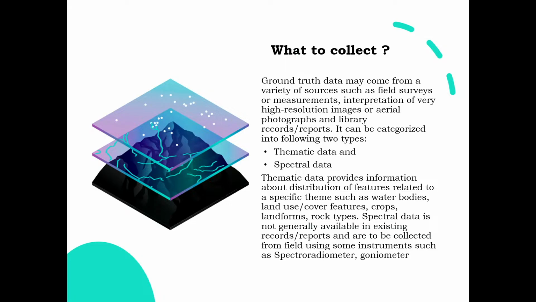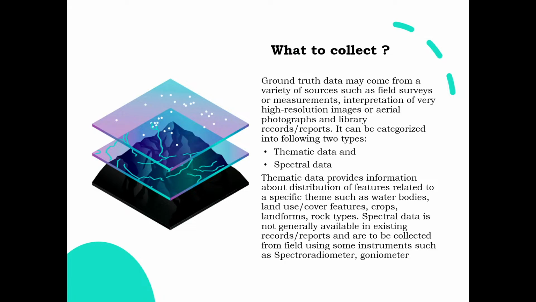Ground truth data may come from a variety of sources such as field survey or measurement, interpretation of very high resolution images or aerial photographs, and library records and reports. It can be categorized into the following two types: thematic map and spectral data.